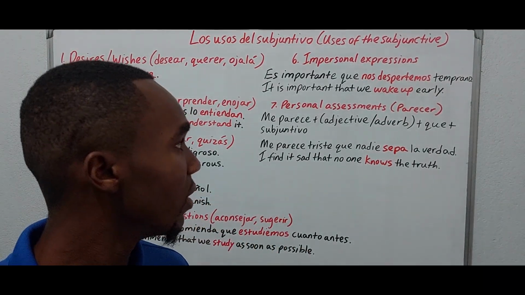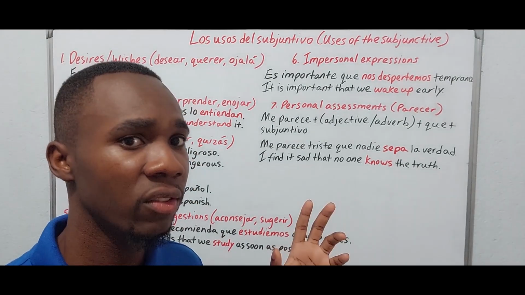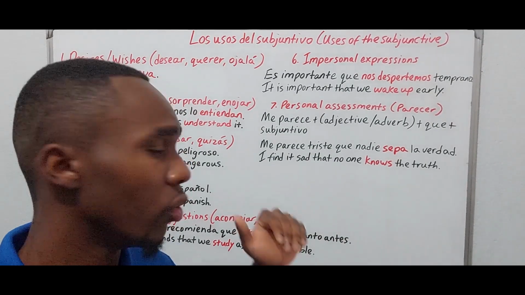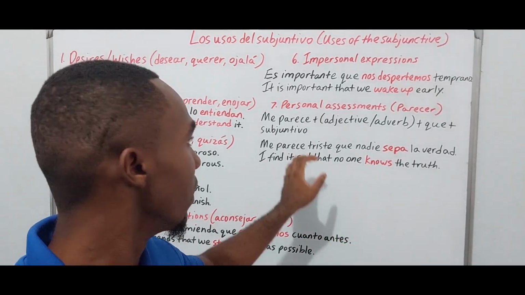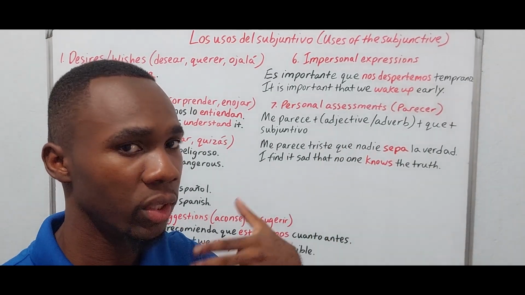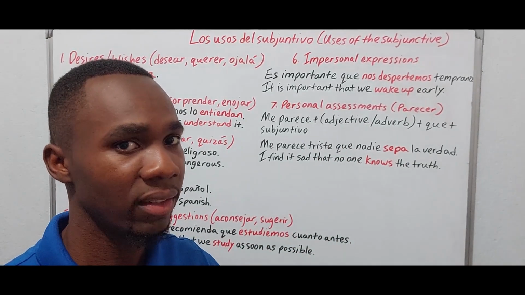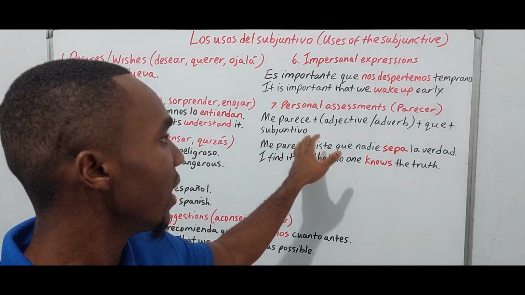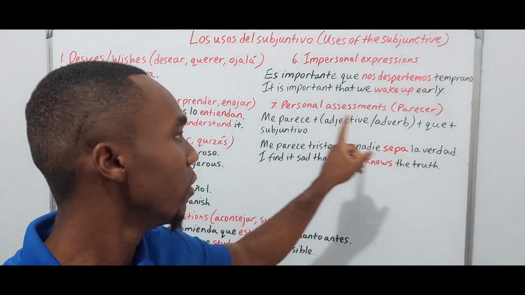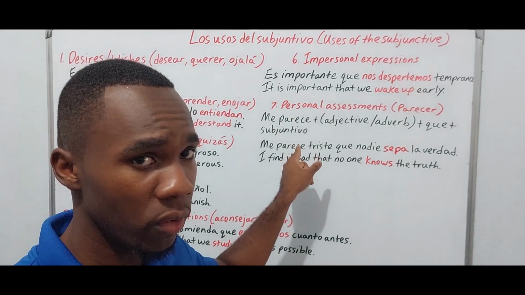7. Personal assessments. And with this usage, we're going to use the verb parecer. So the structure here is going to be, well, we could use other persons, but we use the first person singular as an example. Me parece followed by an adjective or an adverb, followed by que, followed by el subjuntivo.